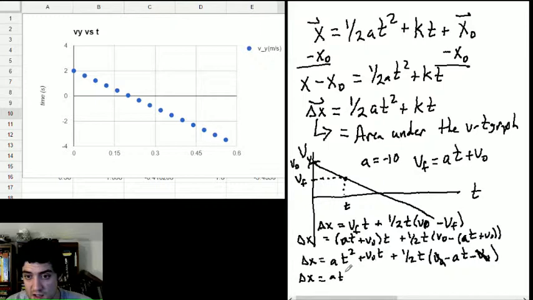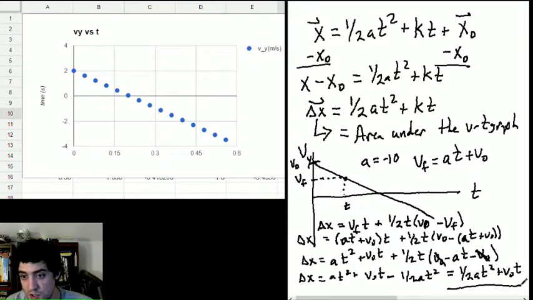Displacement is AT squared plus VOT, and all that's left here is a negative 1/2 AT squared. Here's a 1 AT squared, here's a negative 1/2 AT squared. That simplifies down to 1/2 AT squared plus VOT, which miraculously matches this form identically.